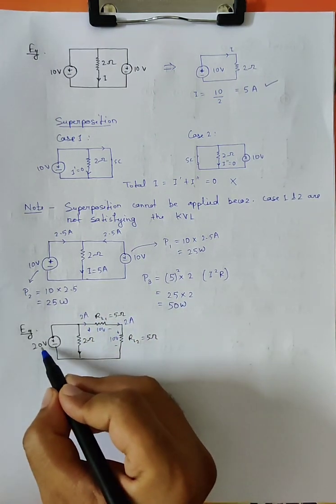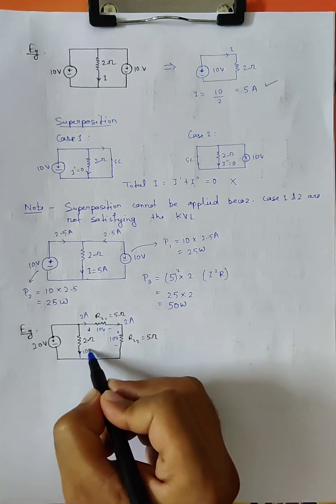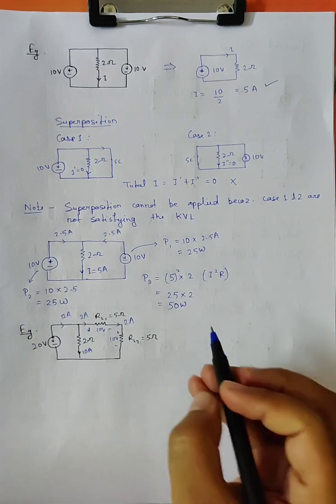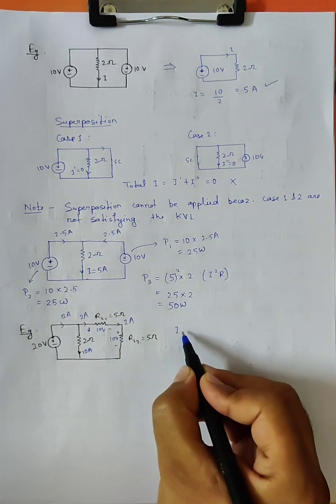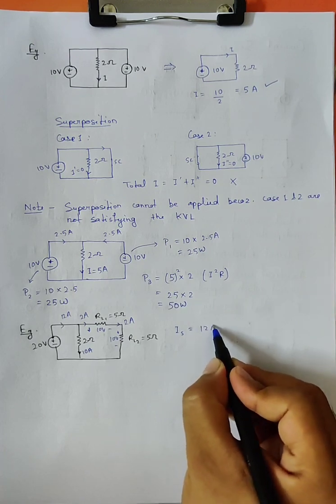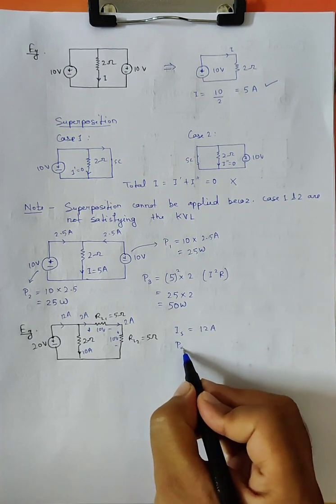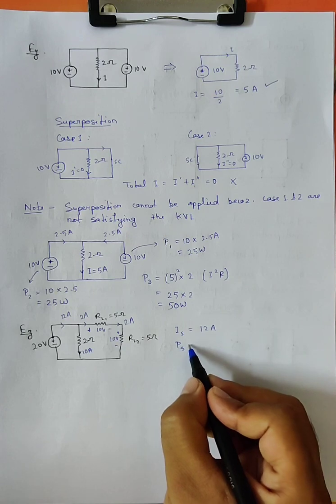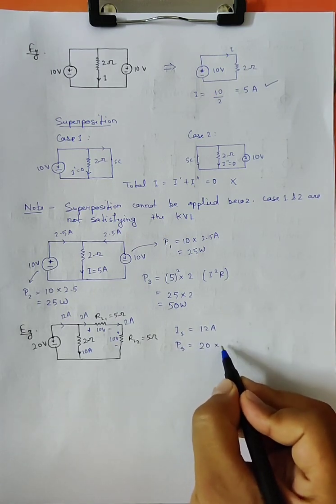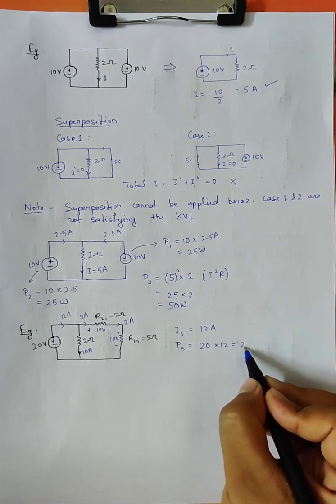In this branch the current is 20 divided by 2, which is 10 ampere. Total current is 12 ampere. IS, the source current supplied by the source, is 12 ampere. Power supplied by the source PS is equal to 20 volts into 12 ampere, which is 240 watts.